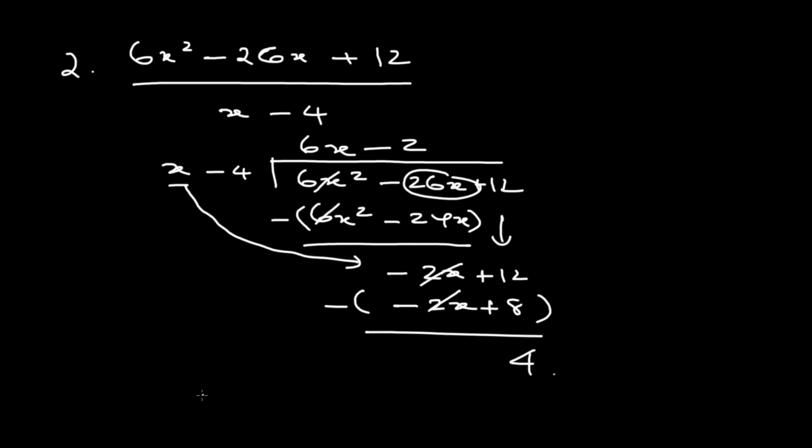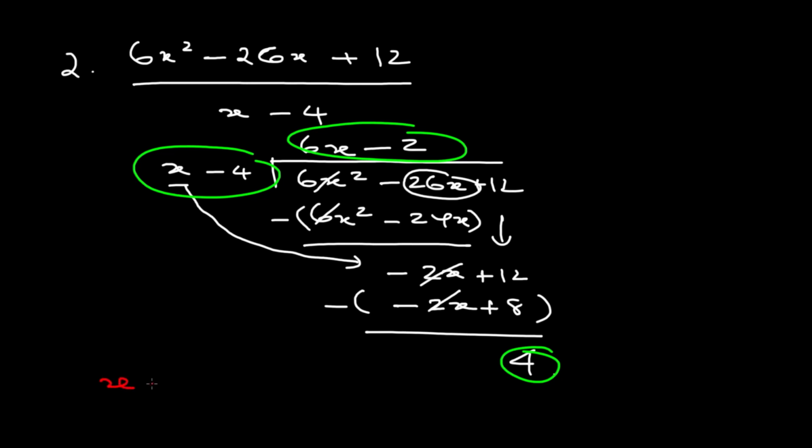So we said that we can express this in two ways. We get the factors. I've got a factor here, okay? I've got a factor here, and I've got a factor there, and then I've got a remainder. So I can express this whole expression as follows. The whole function is going to be x minus 4, like that. Then the other factor is like this, right? Then the other factor is what?